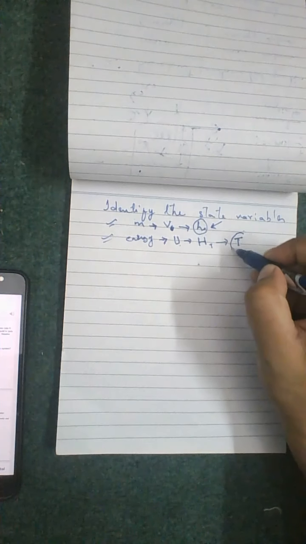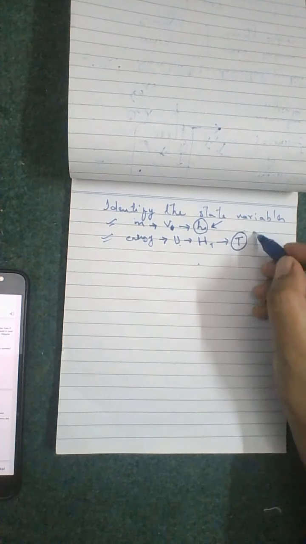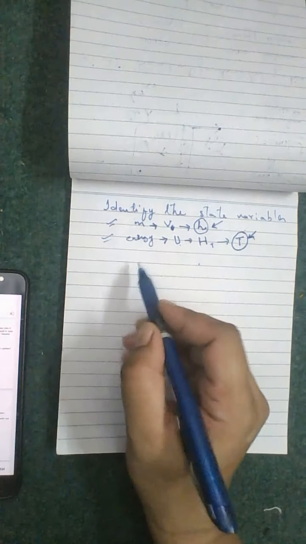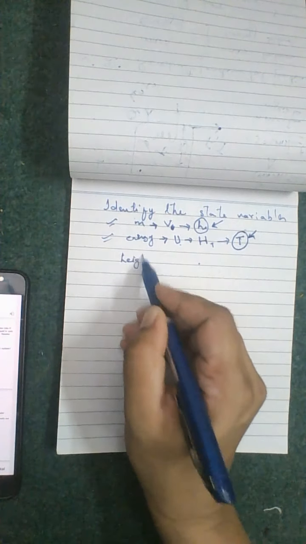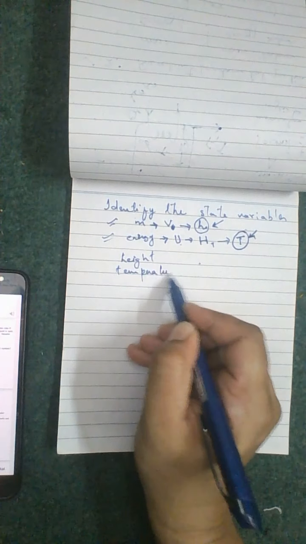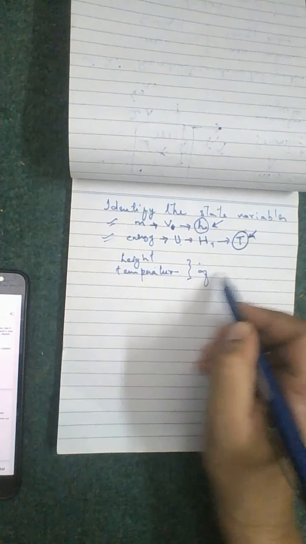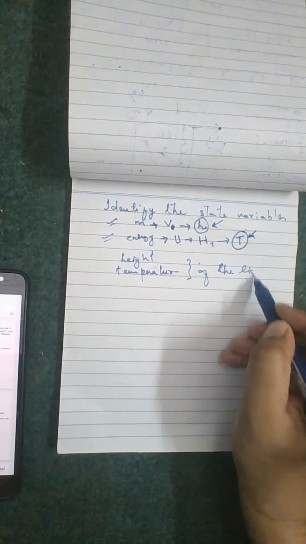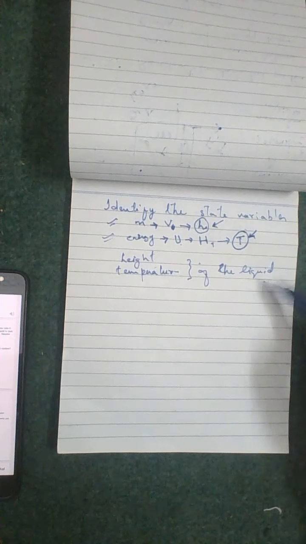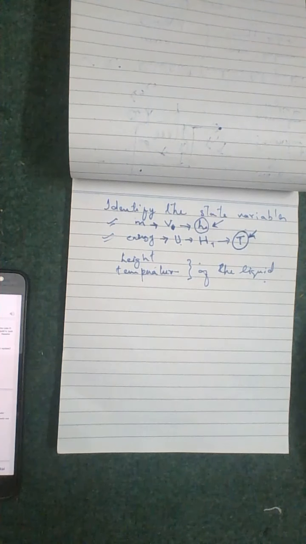So this derived temperature is basically your state variable. So we can say easily that the height and temperature of the liquid in the tank are the state variables. And any equations developed on the basis of the height and temperature will be the state equations.